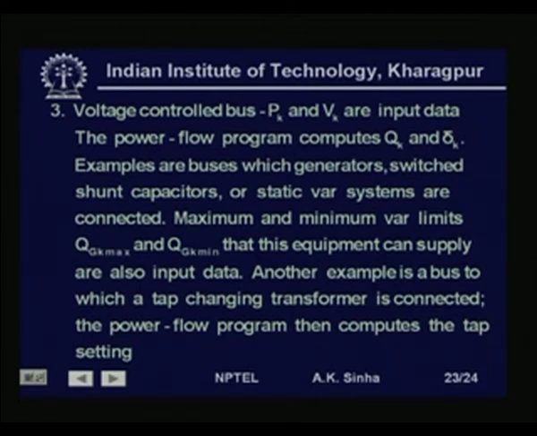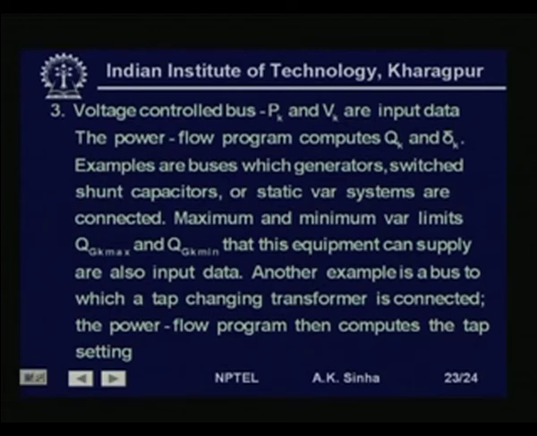Now, these bus bars, as I said, are generally the generator bus bars or switched shunt capacitors or static var systems. So, bus bars which have these are generally called PV bus or voltage control bus.